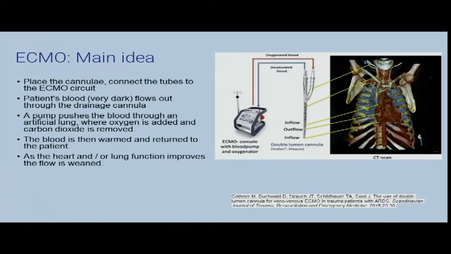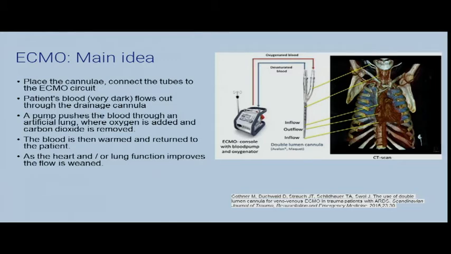You connect those tubes, and if you can see it from here, this is one of the cannulas that is being used. So we have the inflow, we have the outflow. The blood from the venous circulation goes into the inflow, and is being drained. So we call that the drainage cannula, or the drainage orifices.